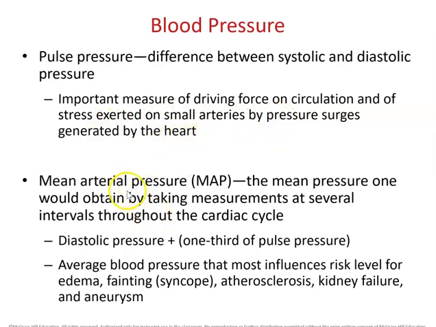Another measurement for blood pressure is called mean arterial pressure. This is the mean pressure one would obtain by taking measurements at several intervals throughout the cardiac cycle. It is the diastolic pressure plus 1/3 of pulse pressure. The average blood pressure most influences risk level for fainting, atherosclerosis, kidney failure, and aneurysm.